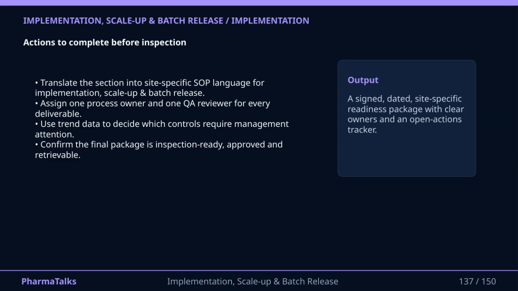We also rely on trend data to identify which controls need focused management attention, allowing us to proactively address potential issues. Finally, we must confirm that the final package is inspection-ready, fully approved, and easily retrievable. The output from this work is a signed and dated site-specific readiness package, with clear ownership assigned and an open actions tracker to monitor ongoing tasks and ensure nothing is overlooked. This structured approach helps us stay prepared and compliant during the inspection phase.